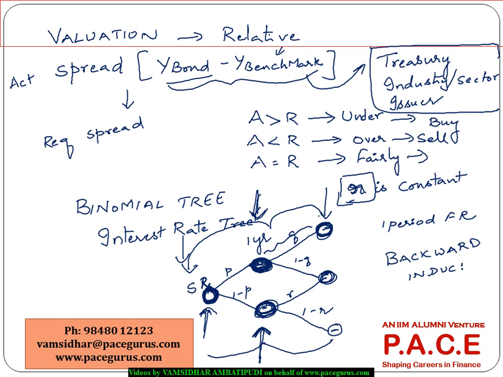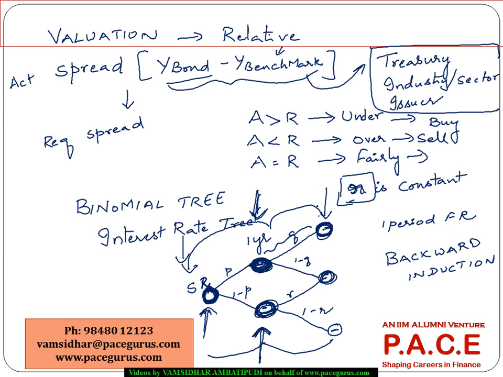The process of finding the present value in a binomial tree model, where we take the cash flows of the last period, work node by node coming back to the present value, discounting based on the interest rates of the previous periods, is the backward induction methodology of finding the value of the bond or the underlying security.